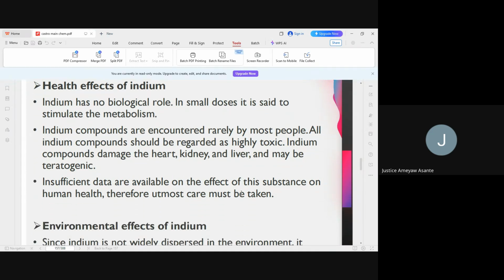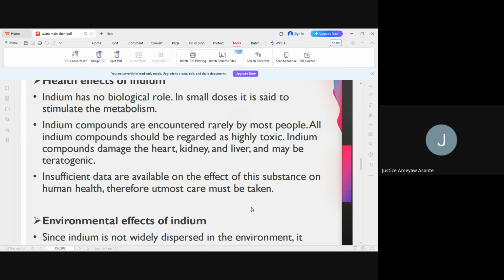Uses of indium. It has no biological role. In small doses, it is said to stimulate metabolism. It is rare to encounter indium substances around us.